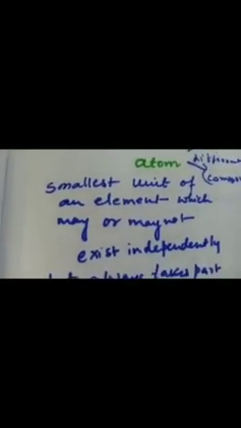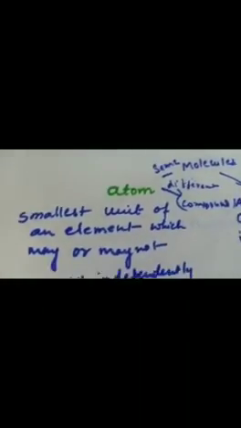So matter is made up of very small particles called atoms. The smallest unit of an element which may or may not exist independently, but always takes part in a chemical reaction, is called an atom. When the atoms are the same, they form molecules, and again they make a bigger unit of matter, that is an element.